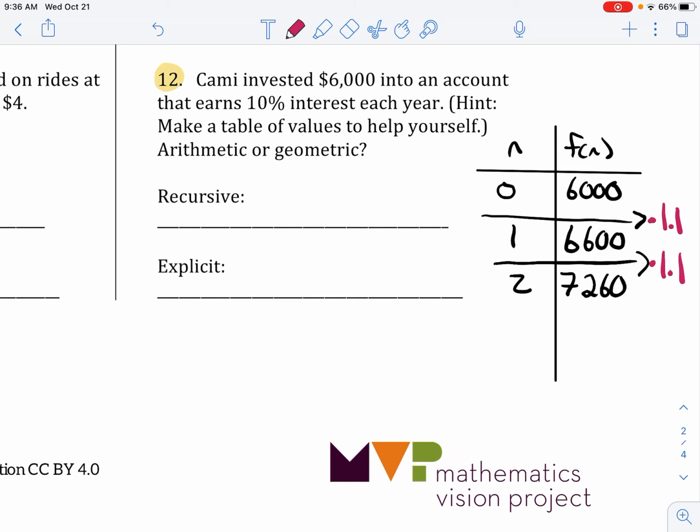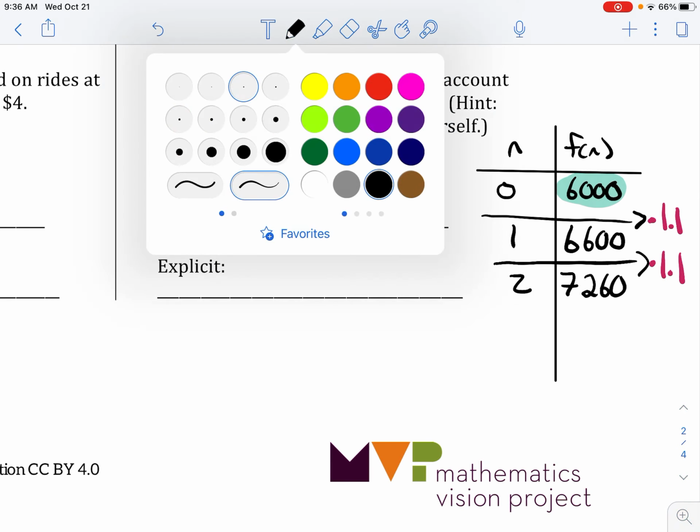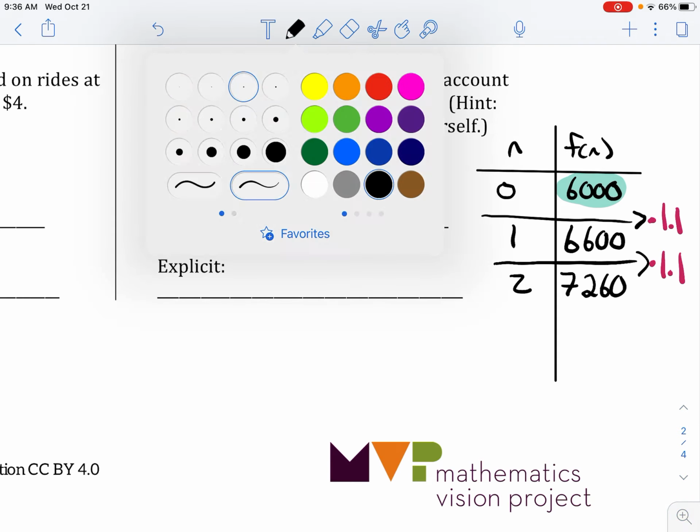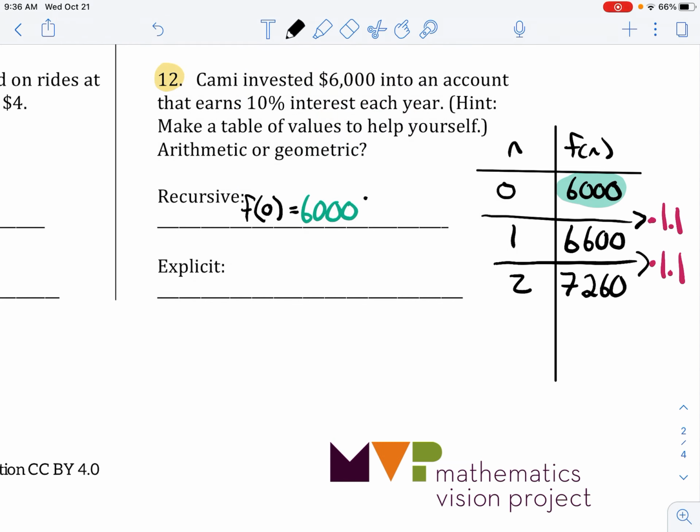So our recursive equation is going to be f of 0 equals 6,000. And now we have our starting point, our recursive equation, and I'm going to need a little more room, so I'm just going to make this smaller over here.